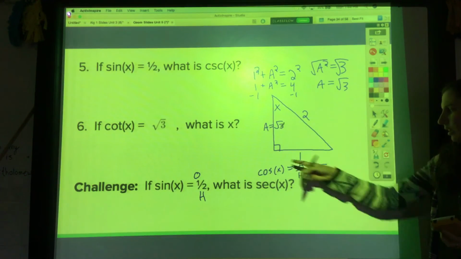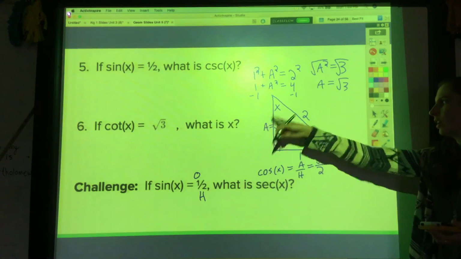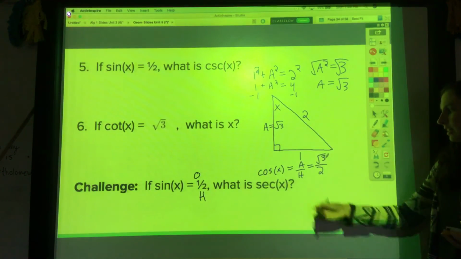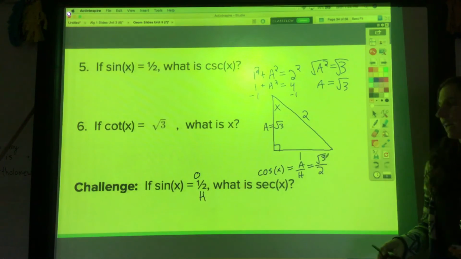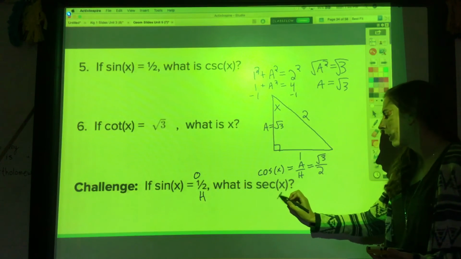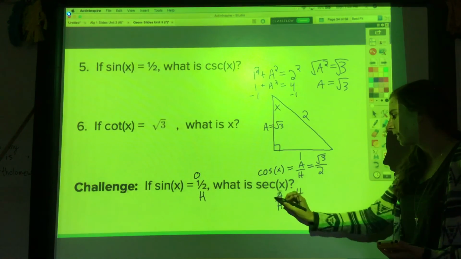And so now I know the cosine is square root of 3 over 2, adjacent over hypotenuse. Then to find the secant is just the flipped version of that. The secant is, instead of adjacent over hypotenuse, it's hypotenuse over adjacent.